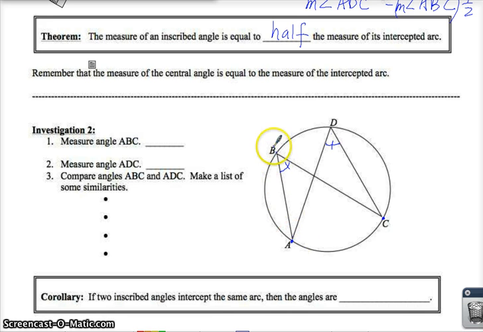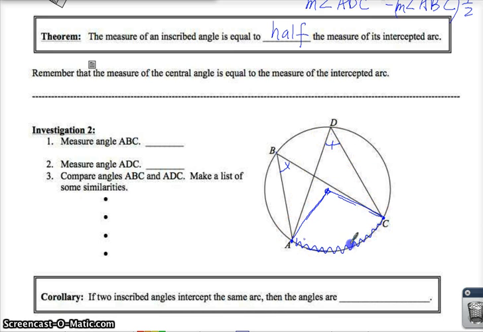So the measure of angle ABC is congruent to the measure of angle CDA because they both open to this arc. And remember, the arc measure is the same as the central angle. If we made the center of the circle, this would be the central angle, and then these two inscribed angles would be half of that measure.